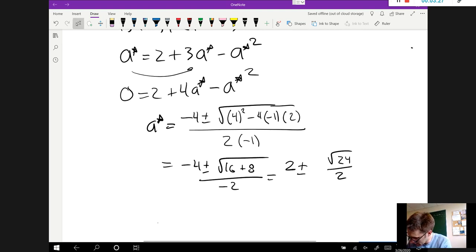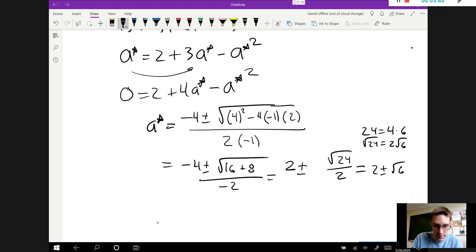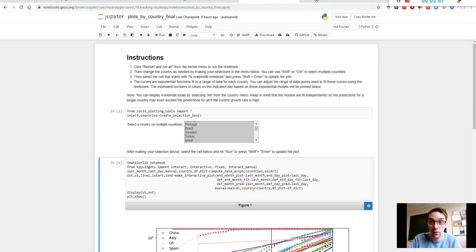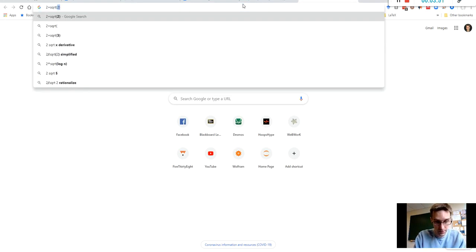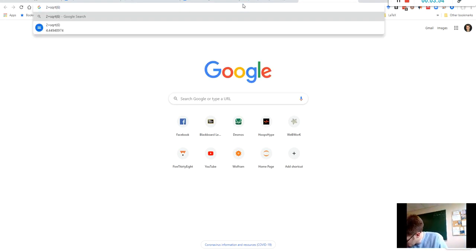And we could simplify that a little further if we wanted to factor out that 24. 24 is 4 times 6. So the square root of 24 is just 2 times root 6. And so this is 2 plus or minus root 6. And as a decimal, 2 plus the square root of 6 is around 4.45.